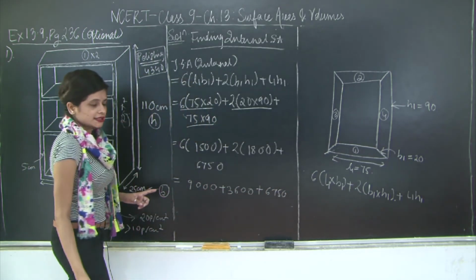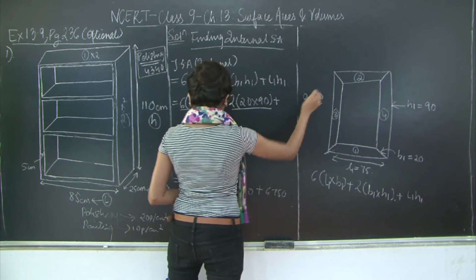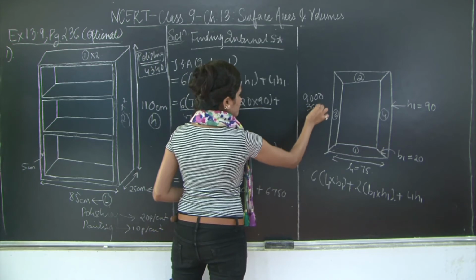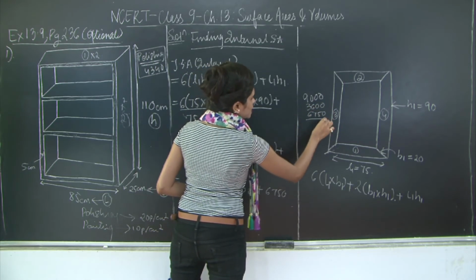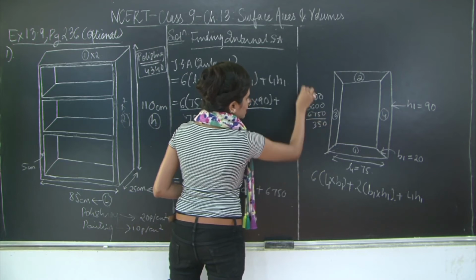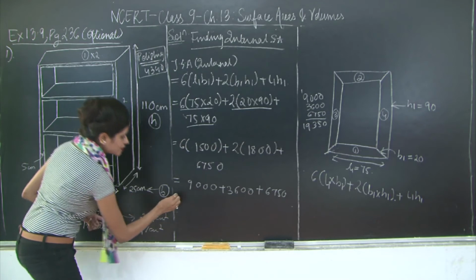Now let's add all these terms. So 9000 plus 3600 plus 6750. You get 19,350.